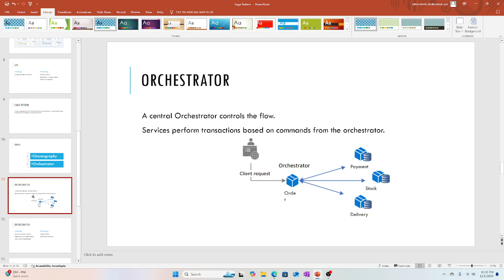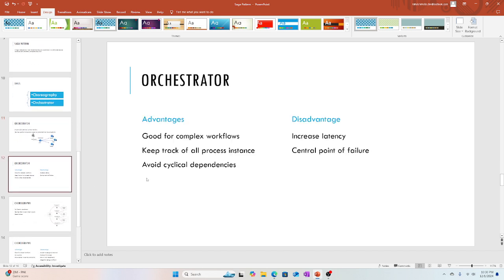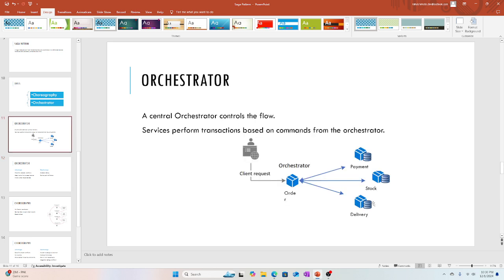There are some advantages and disadvantages too. The advantage is that it is good for complex workflows. If multiple services come up in this type of transaction, say the transaction spans seven microservices, then we can add multiple services and they will communicate with the order service. There is one single service that maintains the orchestration.